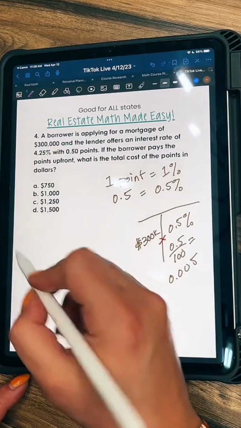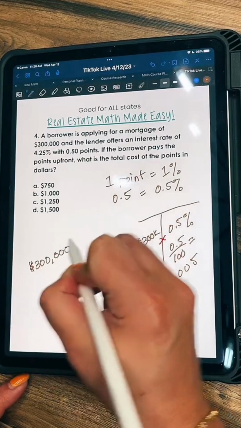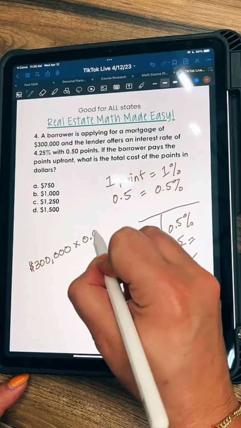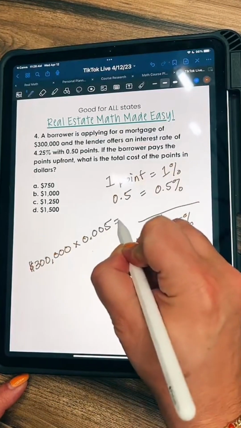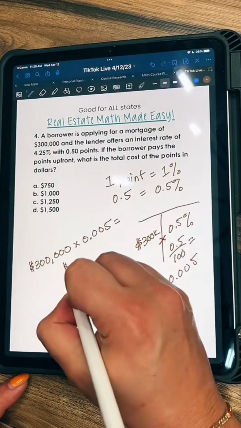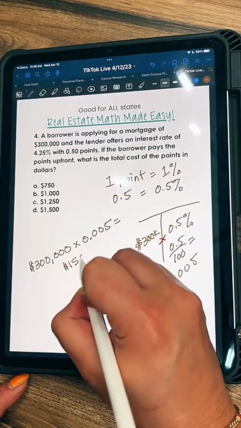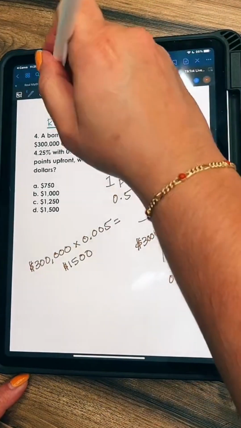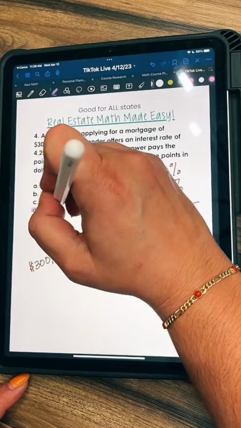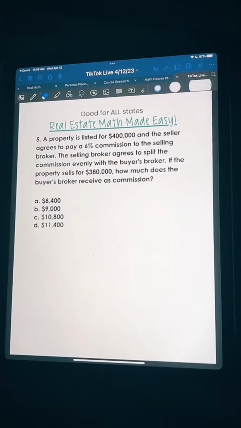So then now we have 300,000 times 0.005, and that's going to equal $1,500. Okay, so the answer is D. Let's see here the next question.